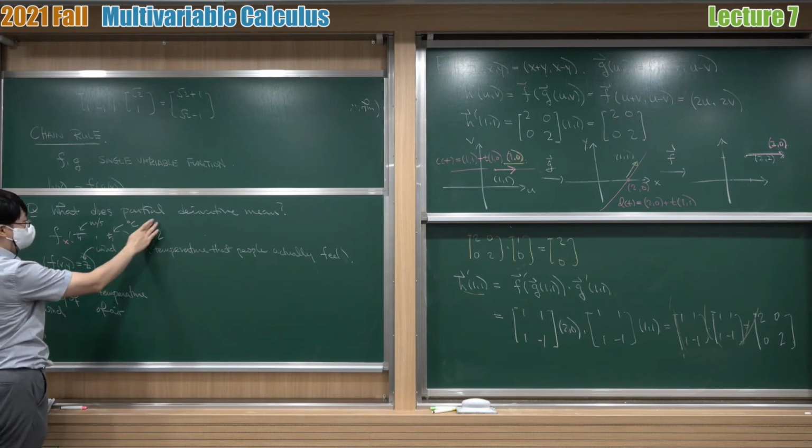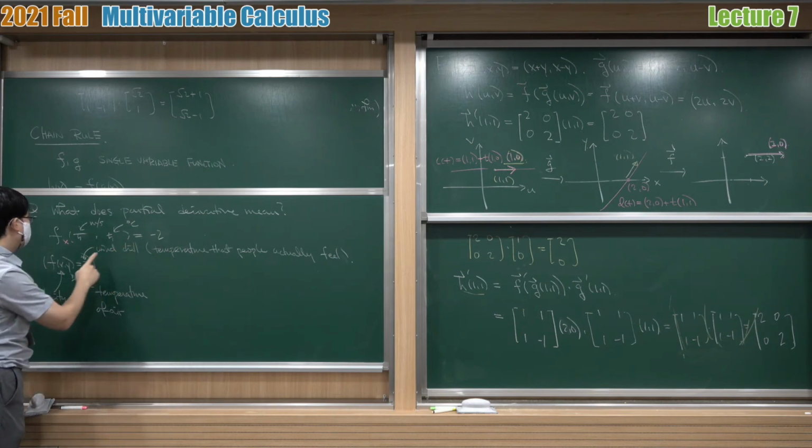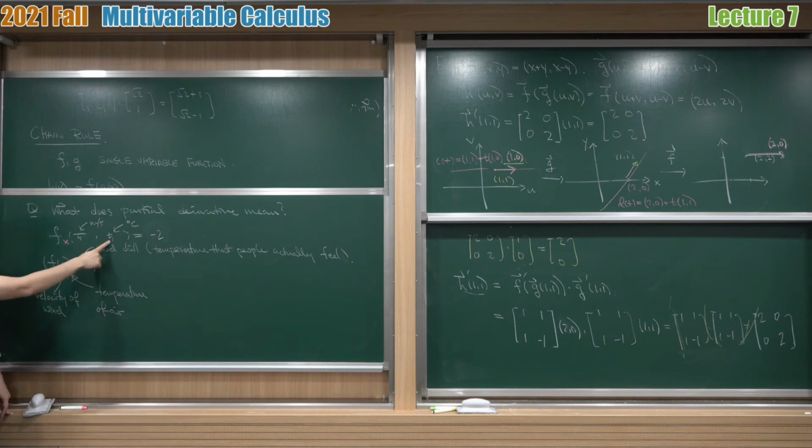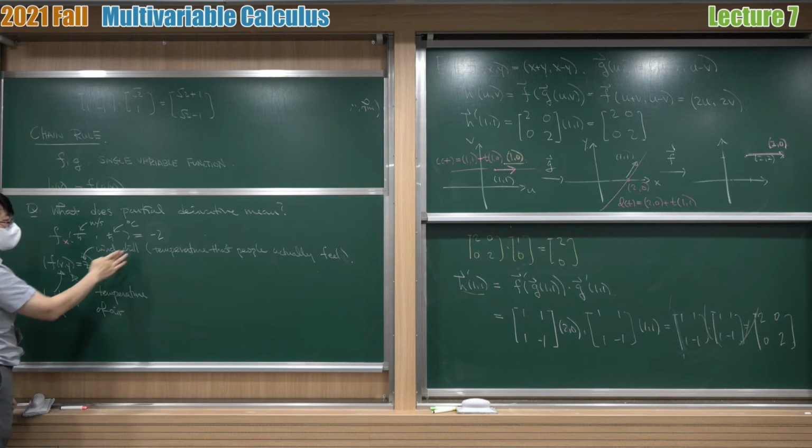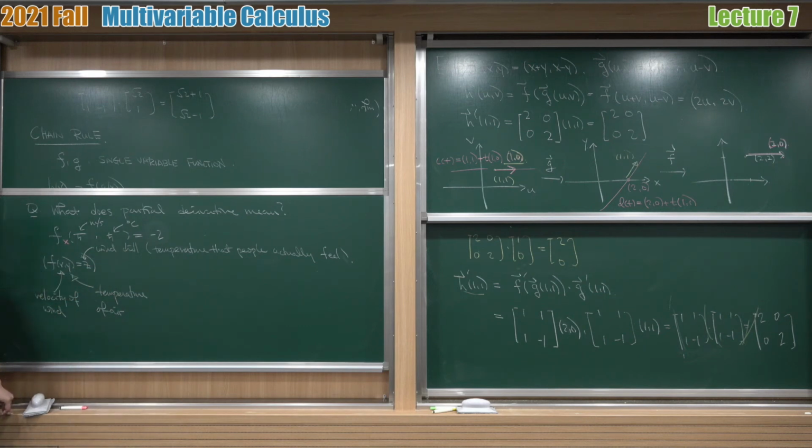So now let's take the numbers in. We are starting at 5,5. What happens when the velocity of wind changes from 5 to 6? What could this -2 give us? Rate of change, right?